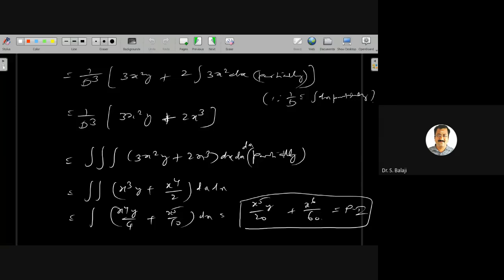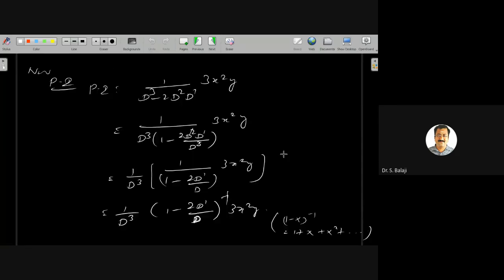The idea is very simple. In the particular integral, you have to take the highest power of d as a common element. Then take the next term into the power minus 1 and apply the binomial series. In the binomial series, the series goes to infinity, so you have to stop the series.